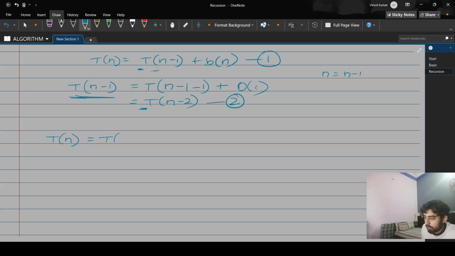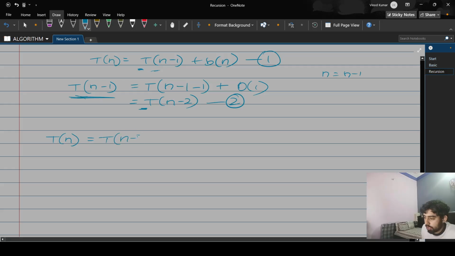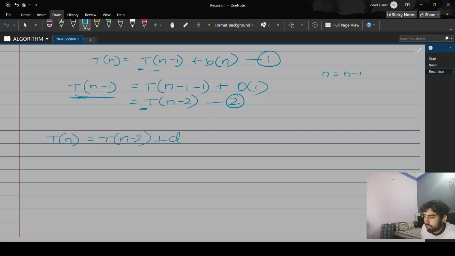It will become T of n minus 2 plus, let's take it as a variable. Let's suppose d. We are taking this as a value of d for convenience, and here also it was b of n, so we will also be taking d here, which will give us T of n minus 2 plus 2d.